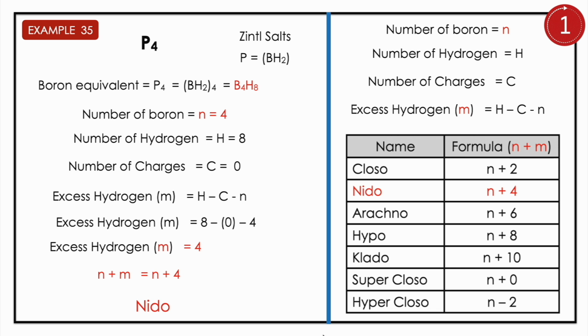Then the excess of hydrogen will be H minus C minus N, which gives 8 minus 0 minus 4, which gives M equals 4. M is 4, meaning it is an N plus 4 system. If you look at the table, N plus 4 means the compound has Nido structure. So according to Wade's rule, P4 has Nido structure.